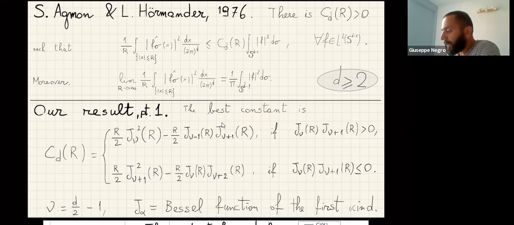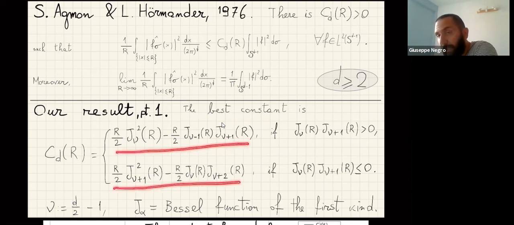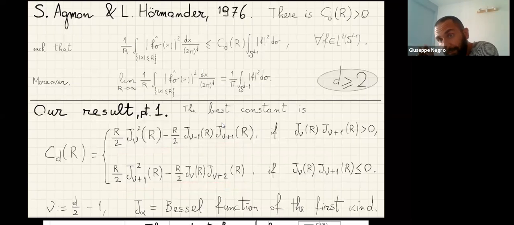And our result is that we can compute it explicitly, and it's given in terms of the Bessel functions. There is an expression with two cases, so depending on the sign of this product of Bessel functions, the best constant obeys this law or this law.